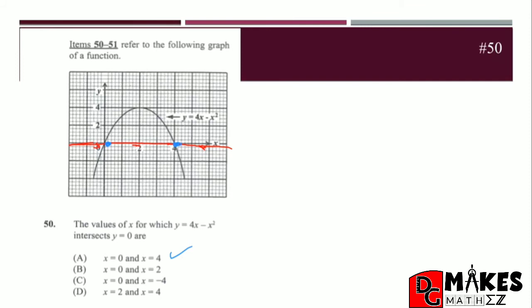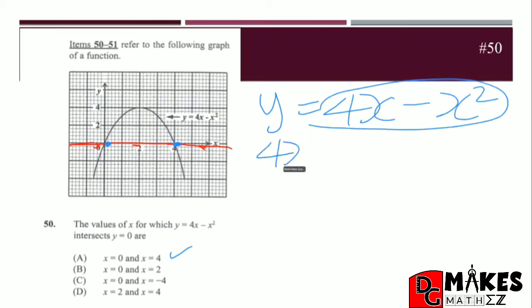So you are being asked to find the values of x when y is 0. You're literally going to say, when y, 4x minus x squared, is equal to 0, and you are going to solve that.